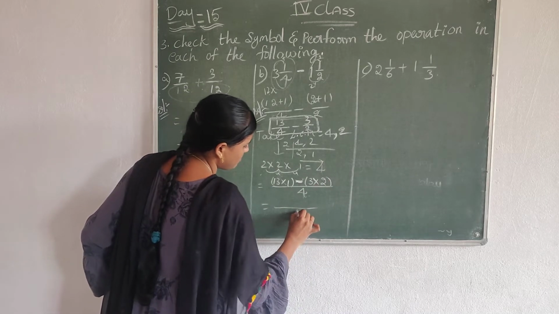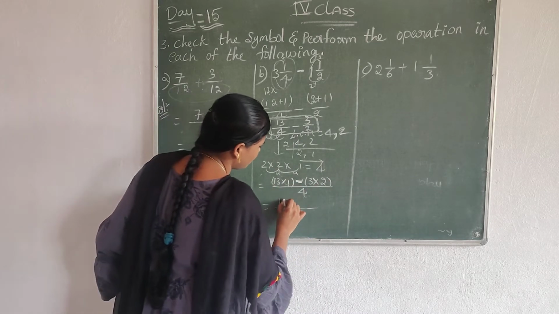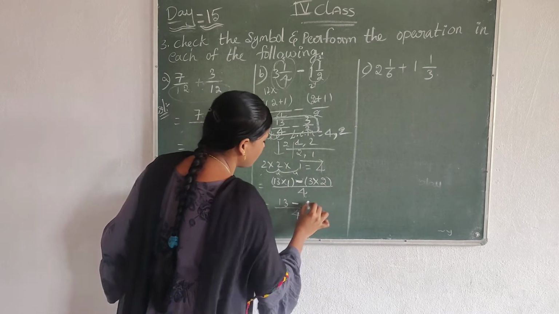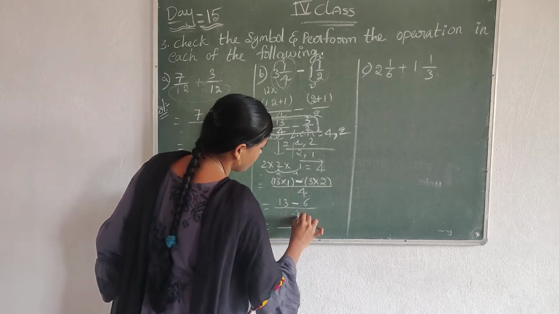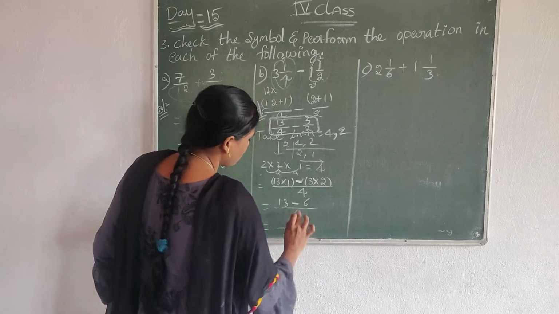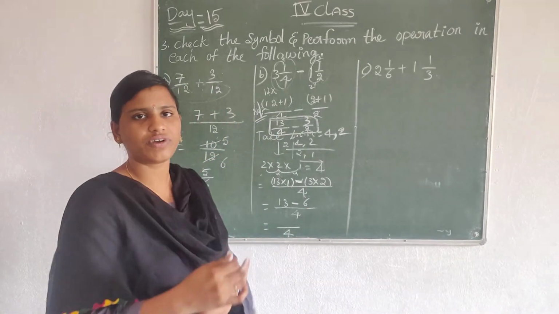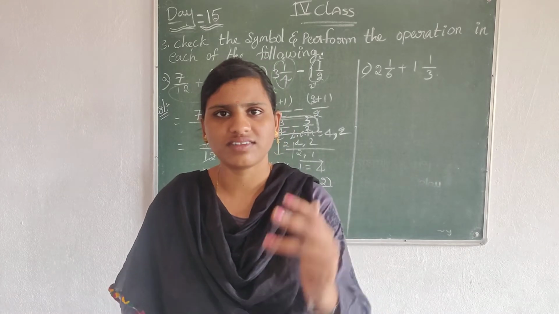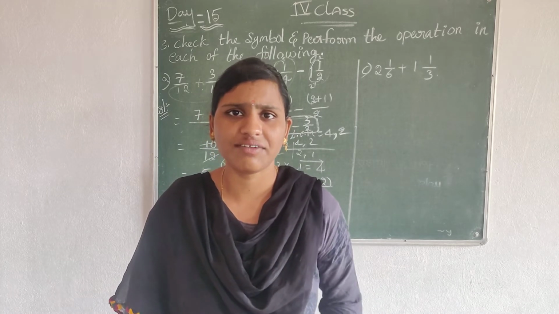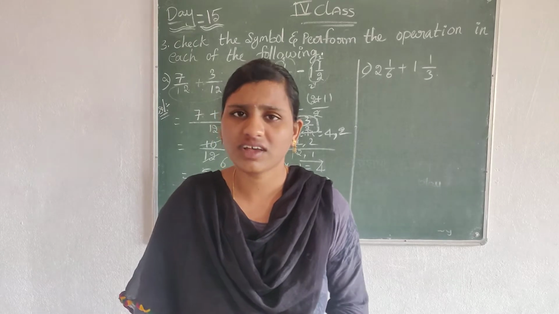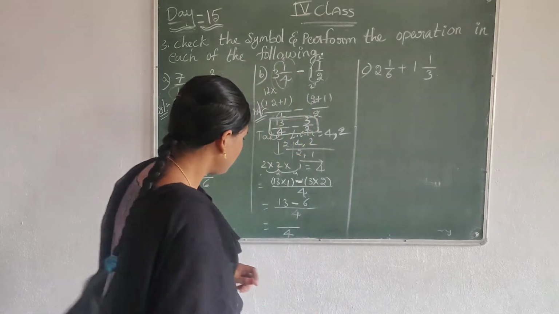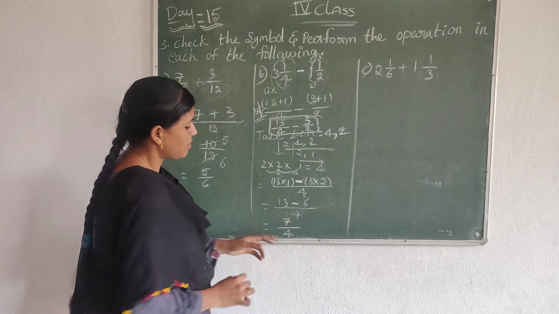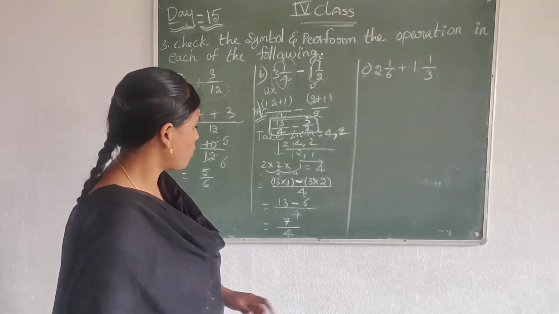Take it by. 13 ones is 13. 3 2s is 6. Denominator 4. 13 minus 6. Count 6 after: 7, 8, 9, 10, 11, 12, 13. How much is the answer? 7. So write the 7 here. The answer is 7 by 4.